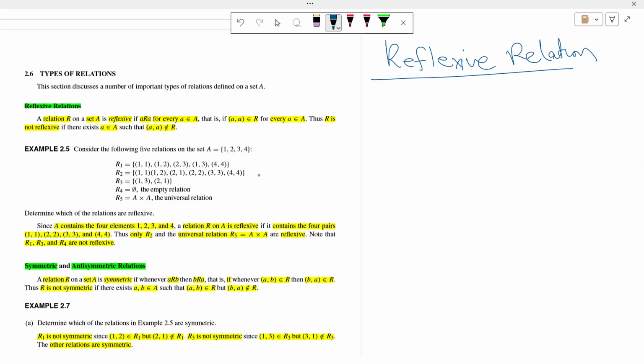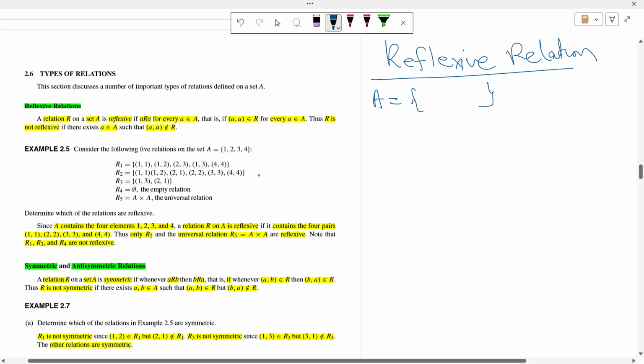Just think about you have a set A, maybe which has some number of elements, right? Now, reflexive relation means there is a relation from A to A, right? The set A itself has a relation.